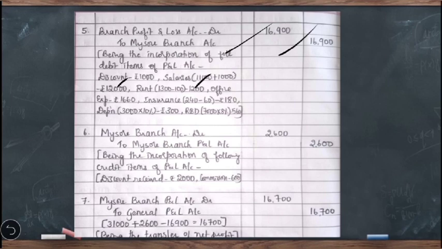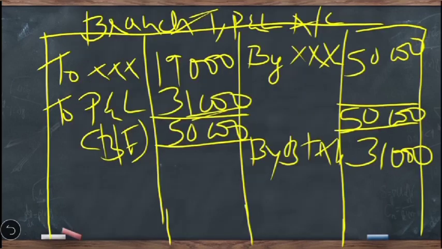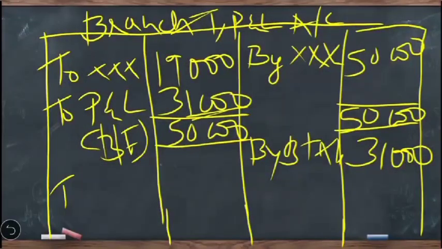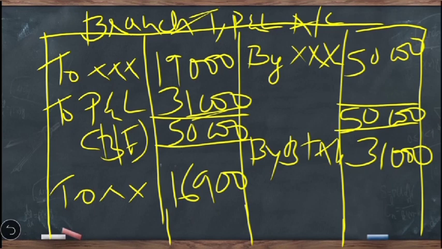This is the total debit we find on the profit and loss account. So you can write the entry here to all debit items, amount 16,900.